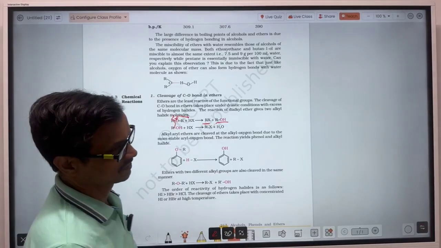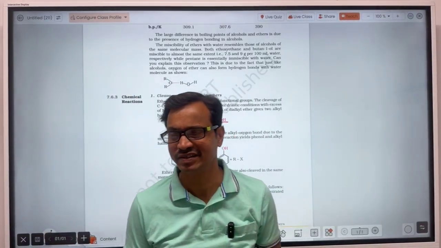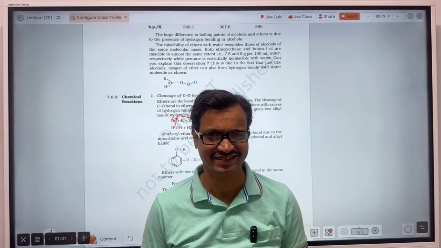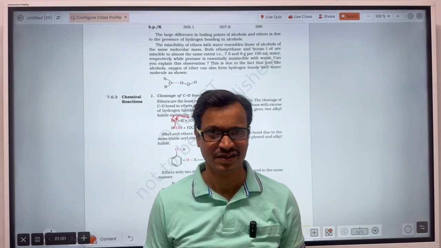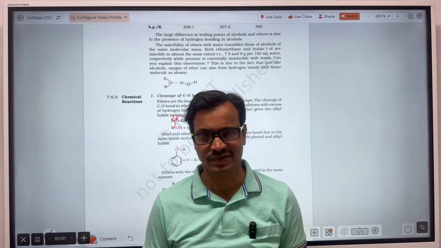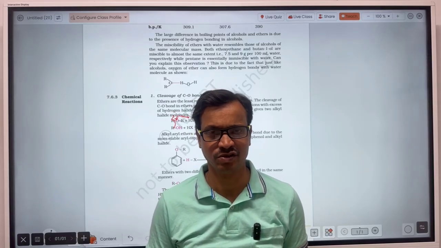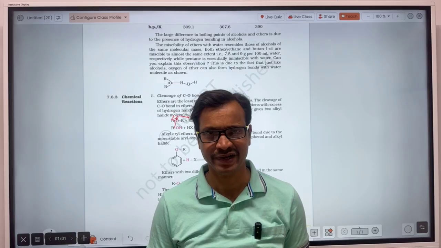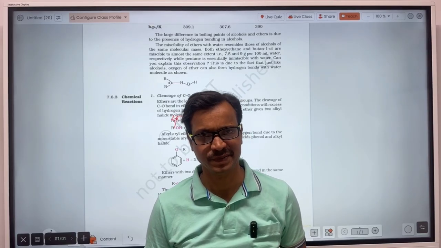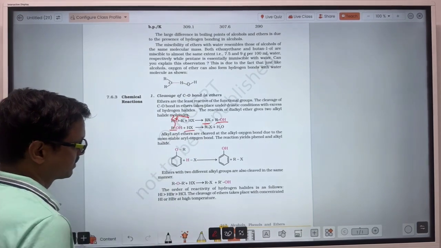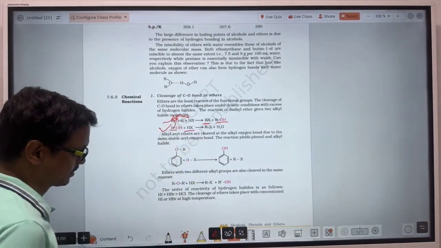Same here. And when you react alcohol with haloalkane, then also there will be formation of ether, but that reaction will be very slow. So before reacting the alcohol directly with haloalkane, you react the alcohol with sodium or NaOH, so that the reaction will become fast. Now here alcohol reacts with HX, same reactions there are.